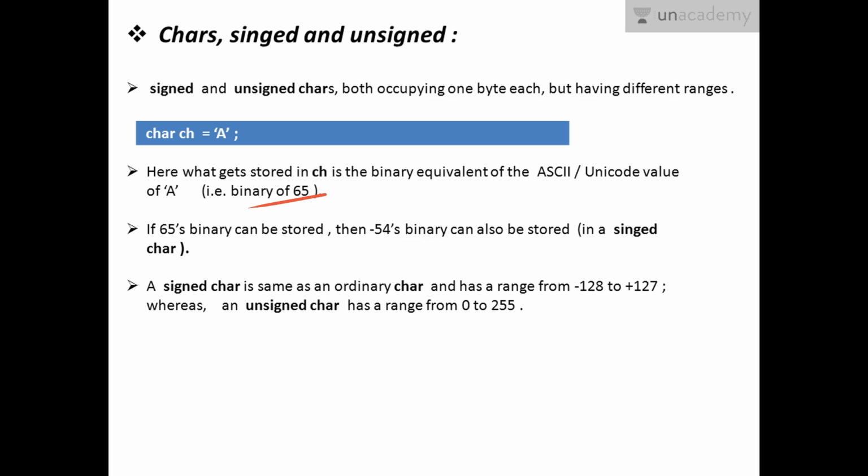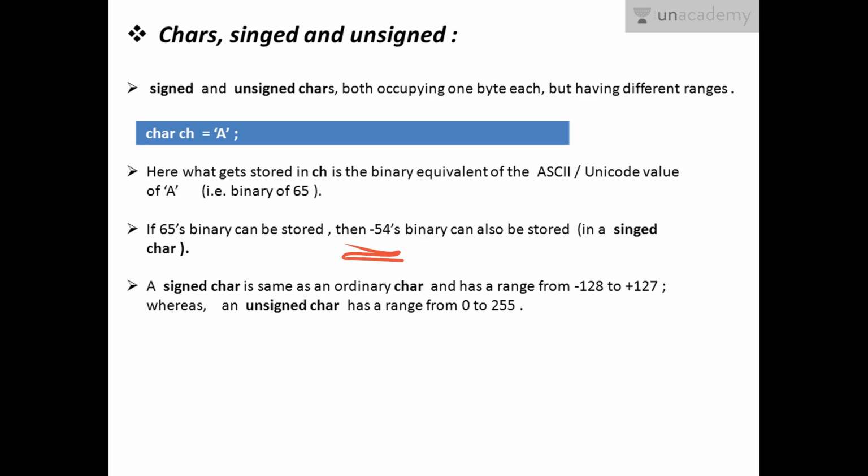For our understanding purpose, it is displayed as capital A only, but from the system's point of view, it is the ASCII number or the binary number. If 65's binary can be stored, then minus 55's binary can also be stored, right? Then this is the signed integer, where you give a sign in front of the integer value.